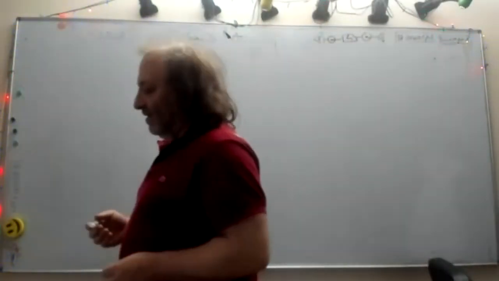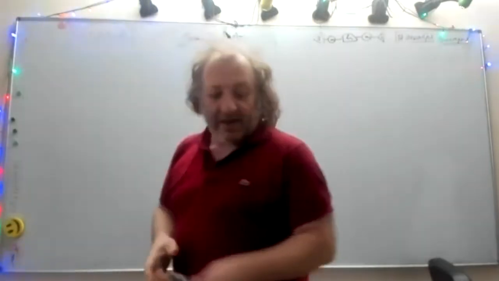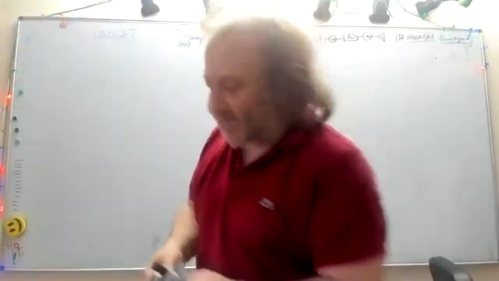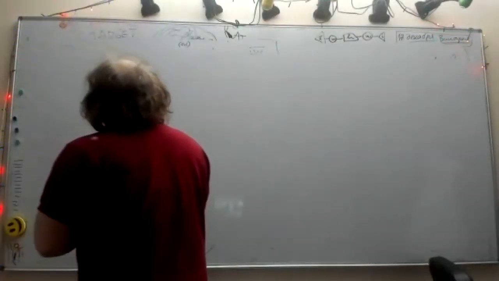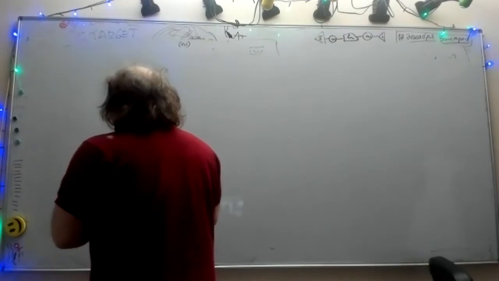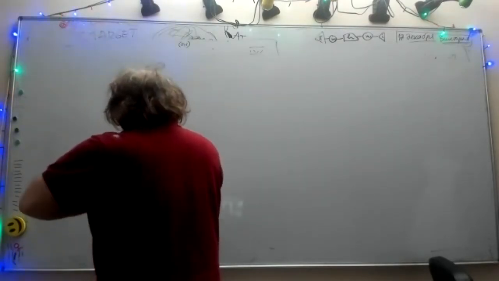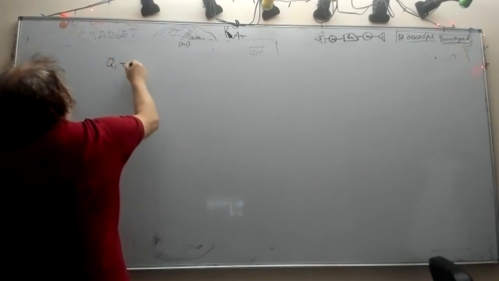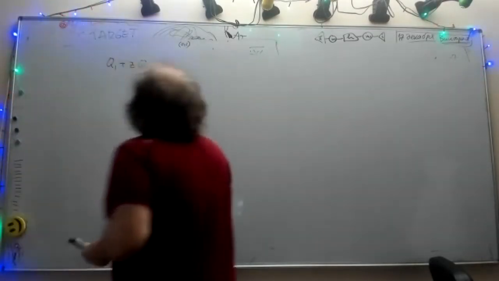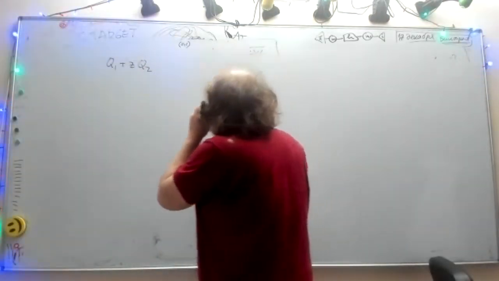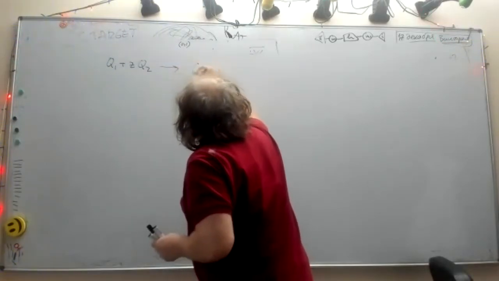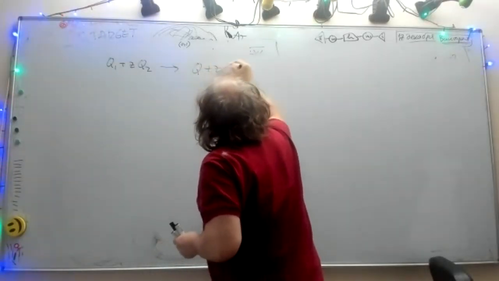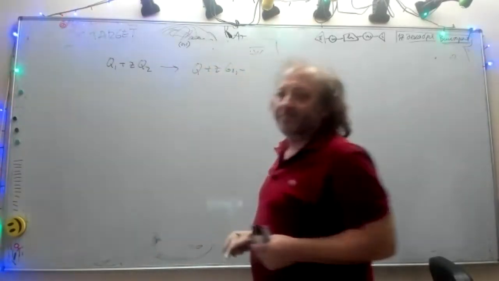So what we discussed yesterday. Yesterday we discussed the pencil of cohomology. It was Q1 plus ZQ2 cohomology. And we understood this pencil as Q plus Z G naught minus.